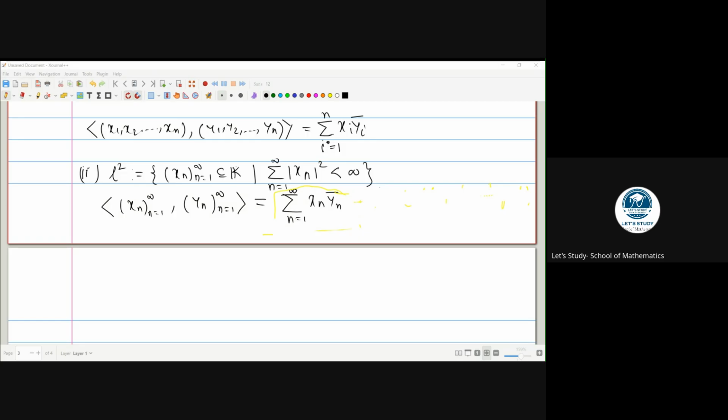If you are going to use Holder inequality, then you have to prove it. Cauchy-Schwarz is a special case of Holder inequality, but we have done Cauchy-Schwarz only for the finite dimensional case. We haven't studied it in the infinite dimensional case.